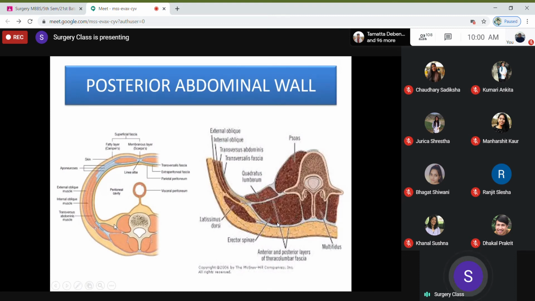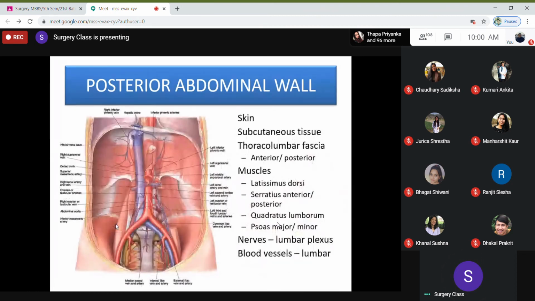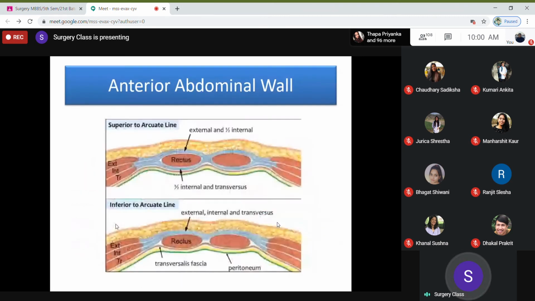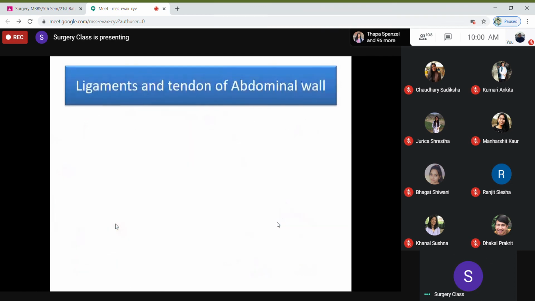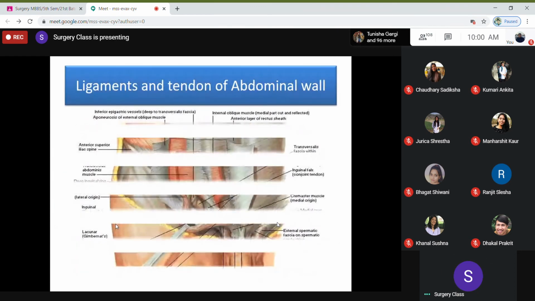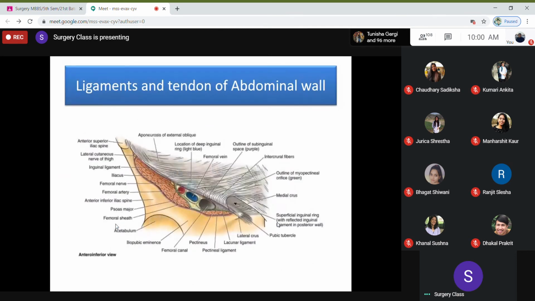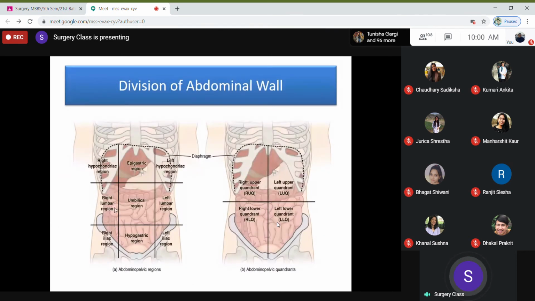Now, how do you differentiate from outside? What is the landmark for the anterior and posterior abdominal wall? I don't have that diagram, sorry. What you can do is draw a line from the mid-axillary line to the highest point of the iliac crest.